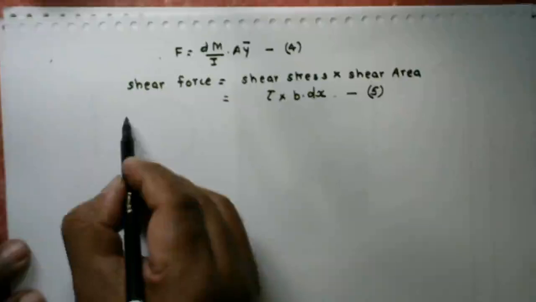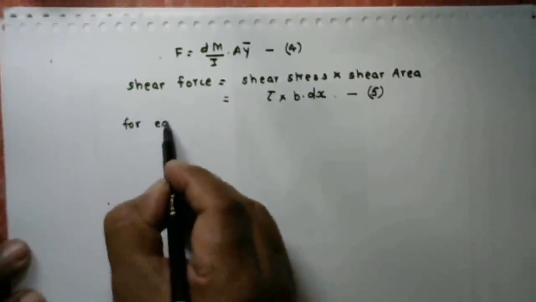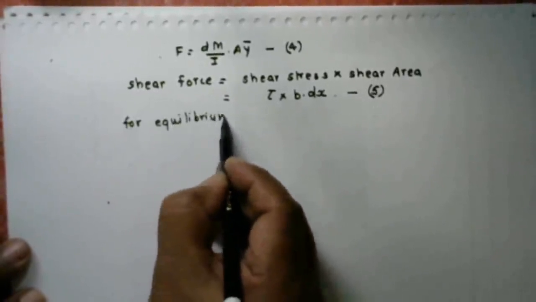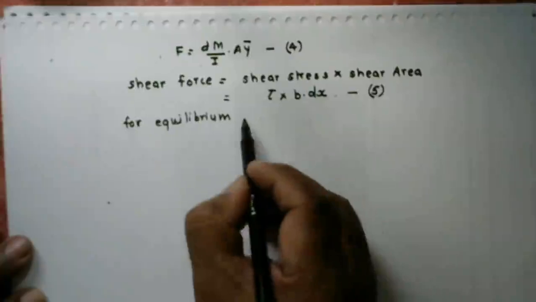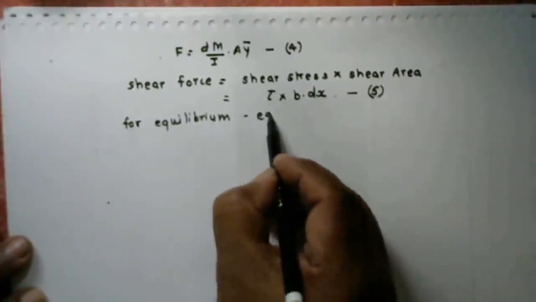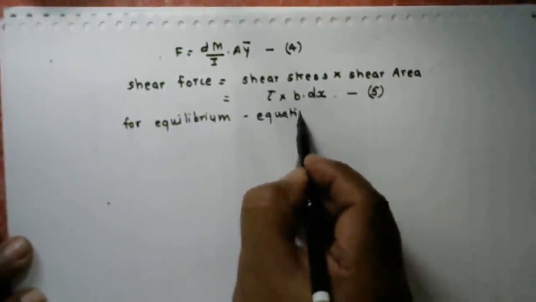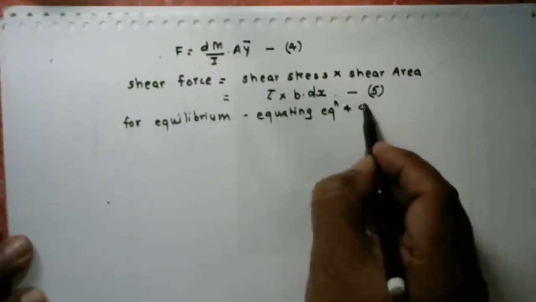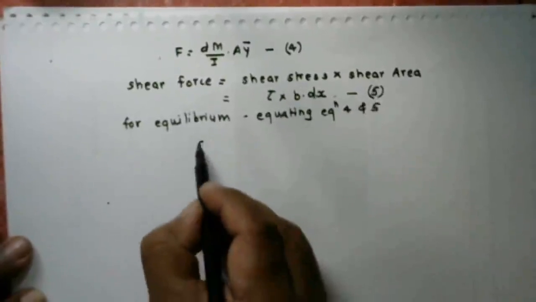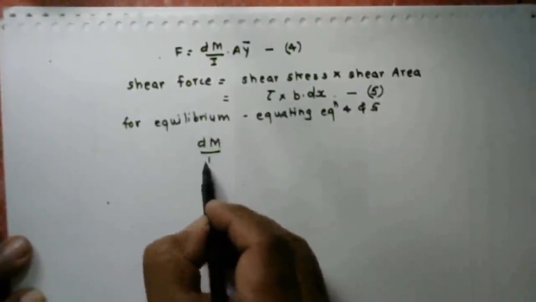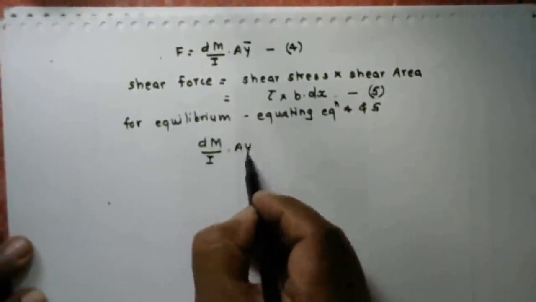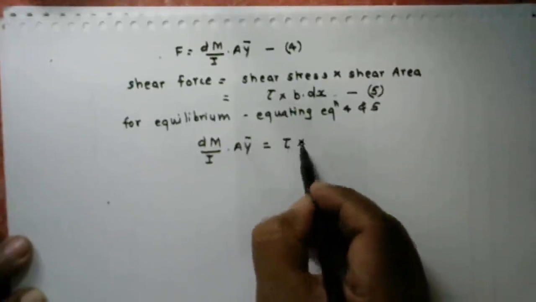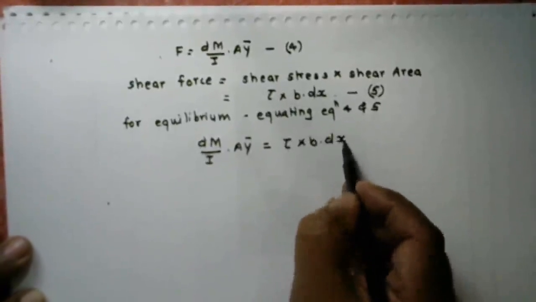For equilibrium conditions, both equation number 4 and equation number 5 must be equal. So equating equation number 4 and 5: dM upon I into A y bar is equal to tau into B into dx.